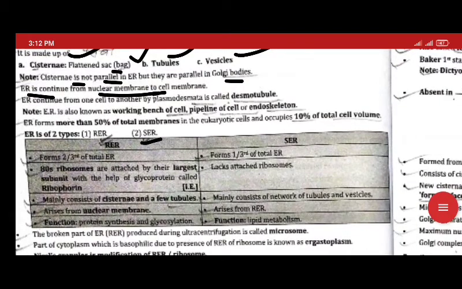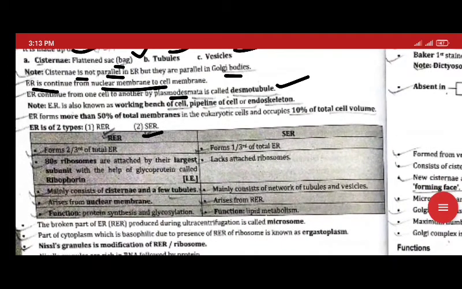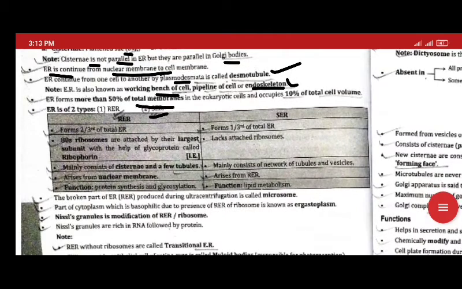And ER continues from one cell to another through plasmodesmata, the connectors, and that connector is called desmotubule. Now ER is called the working bench of the cell, or endoskeleton, the inner skeleton. It forms more than 50% of the membrane.